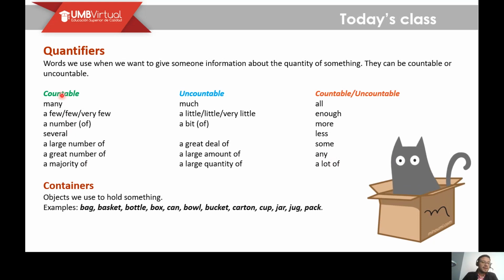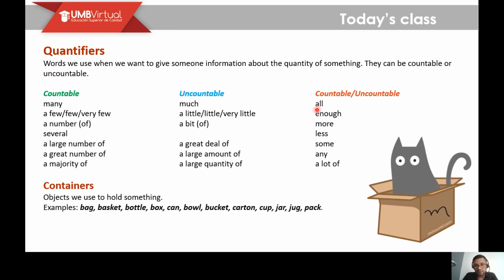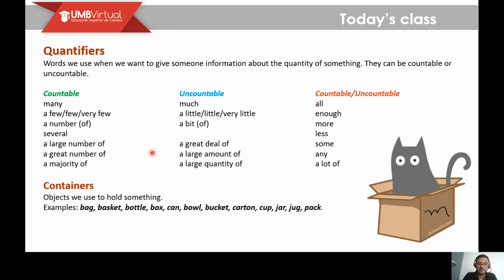So depending on if they are countable or uncountable, we are going to use the next ones. In the case of countable, we use many, few or very few, a number of apples, for example, several, a large number, a great number, a majority of.